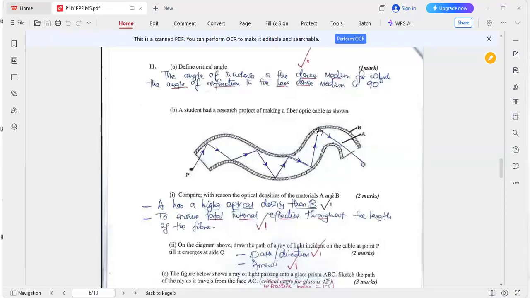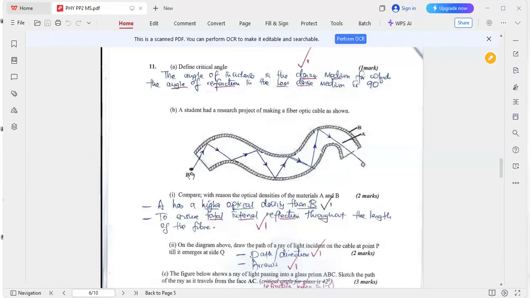And then B we can see it's the casing. This casing is called cladding, the outward protective layer. Now, A has a higher optical density than B.